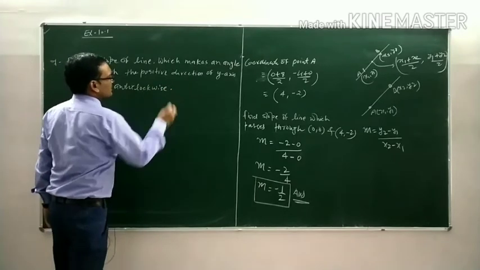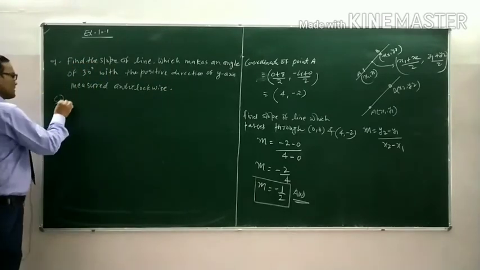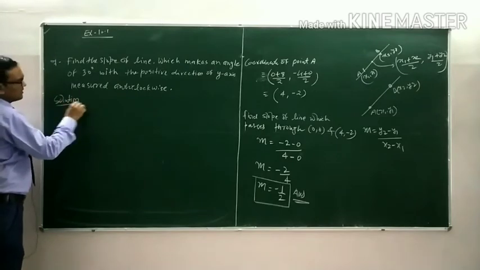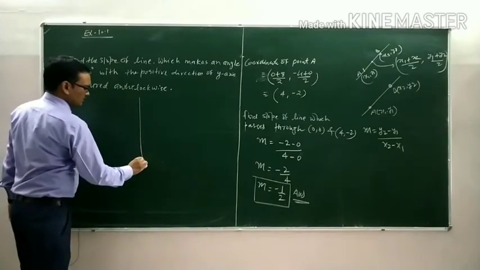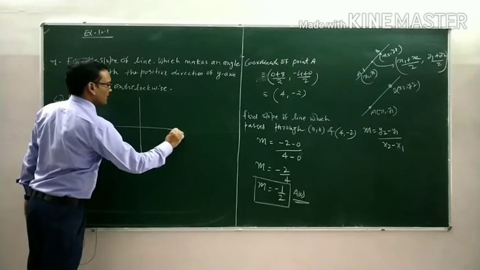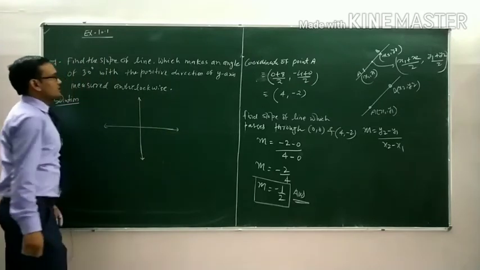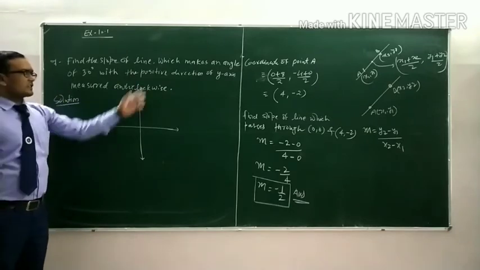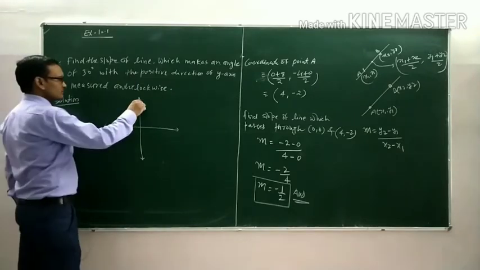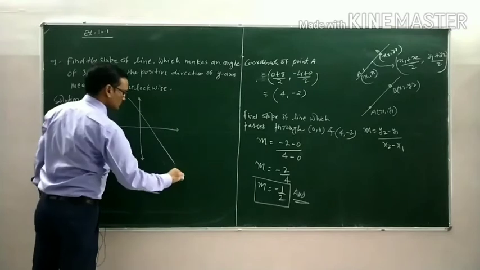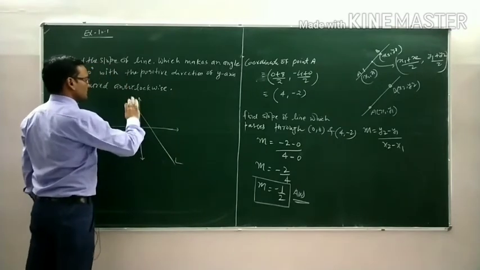Okay students, in this question it is given that the line makes an angle with the positive direction of the y axis of 30 degree.